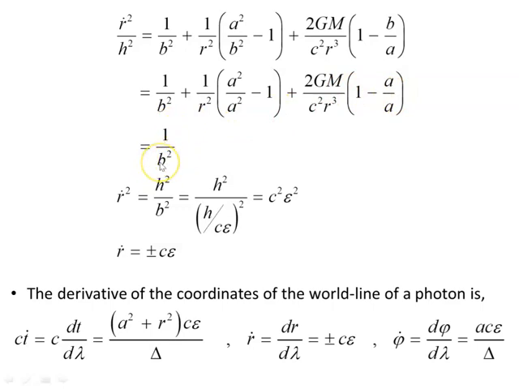I should have called it a, but anyway, it doesn't matter. 1 over b squared. And r dot squared is h squared on b squared. That's h squared on h on c epsilon all squared. Simply becomes c squared epsilon squared. Okay, that's r dot. And so r dot becomes plus or minus c times epsilon, where the plus means an outgoing geodesic and minus means an ingoing geodesic.